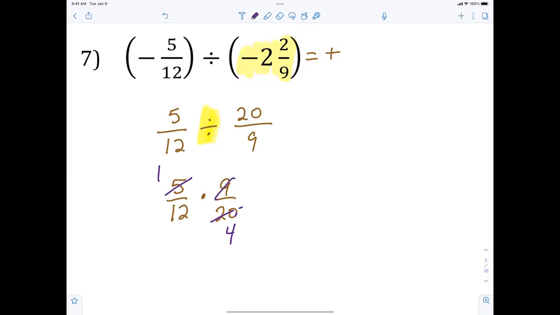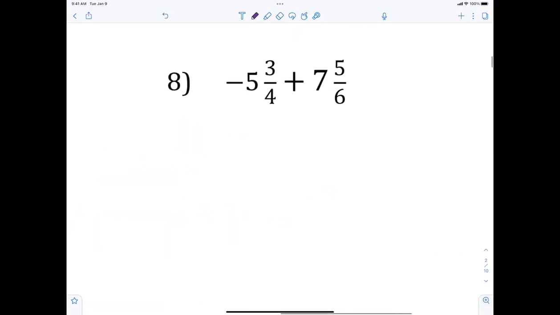Yes. So 3 goes into 9 and 3 goes into 12. All right. So now we're multiplying. So what's my final answer? Yes, 3/16. All right. So there's a good review of division.